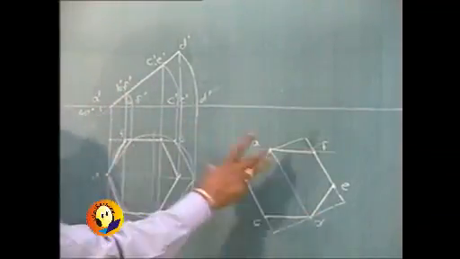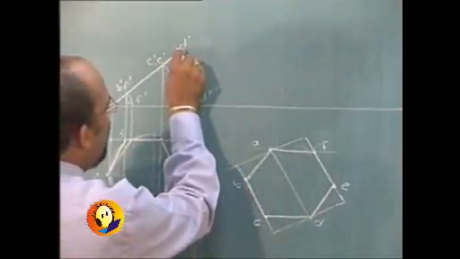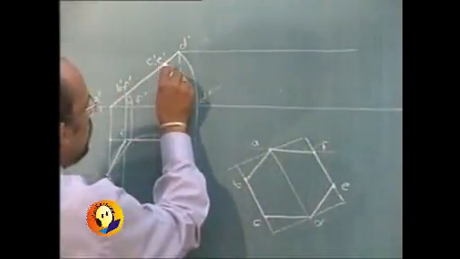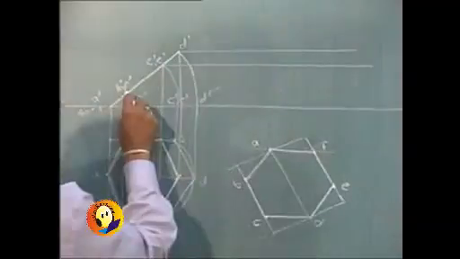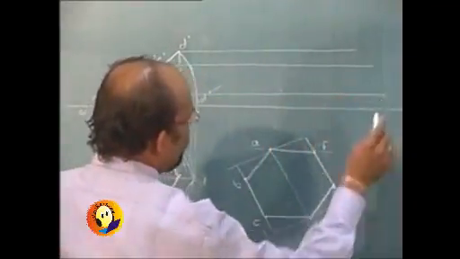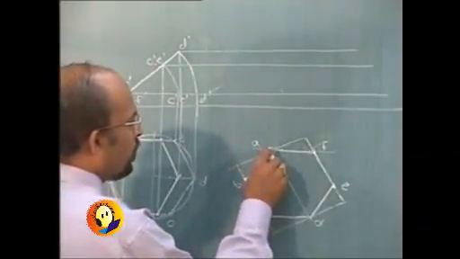So this hexagon we have reproduced. Rotation in one view is movement parallel to XY in the other, and so we will be drawing paths through these points, and then we will mark point by point each one of them.